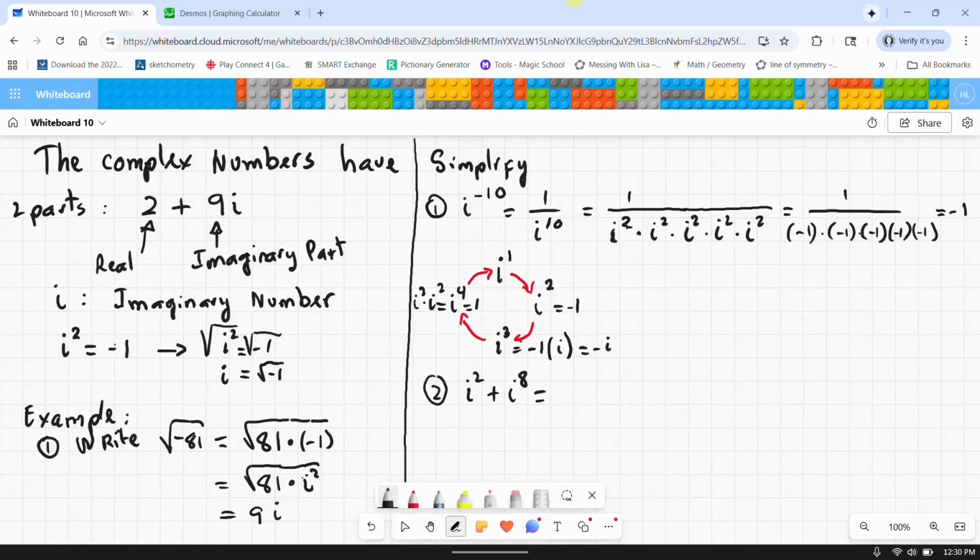So i to the second power is just going to be -1. Now i to the 8, we can break it down into i to the second times i to the second, 4 times, and then we end up with the same exact answer.